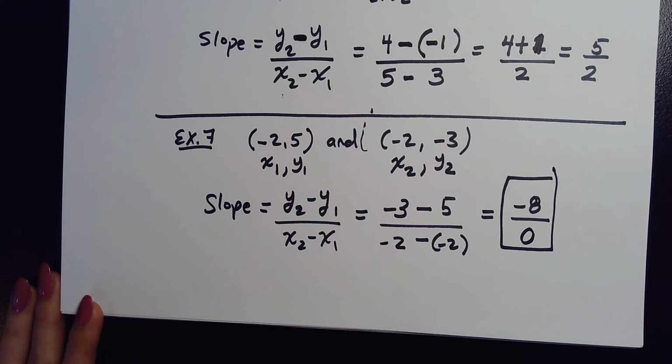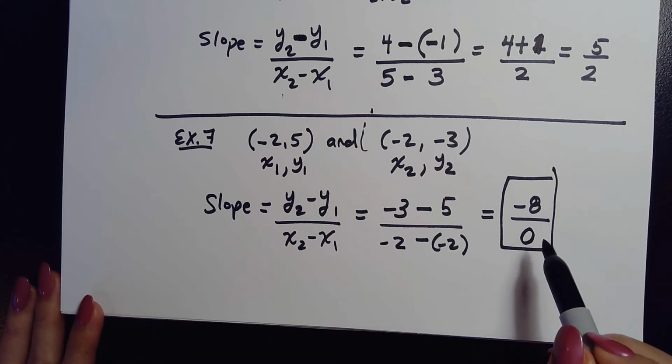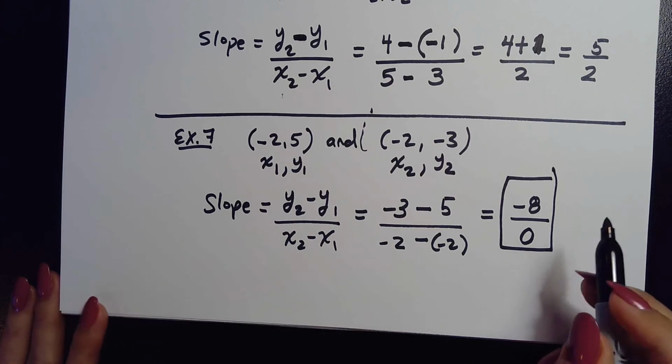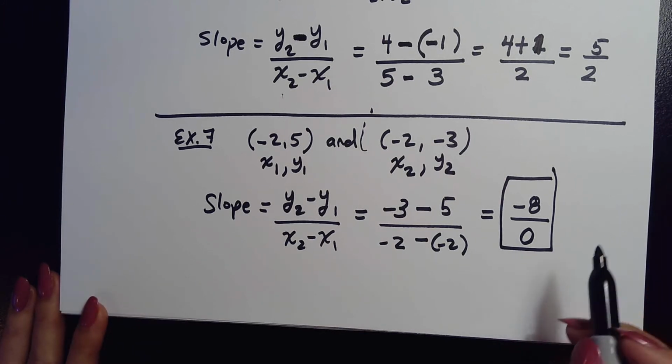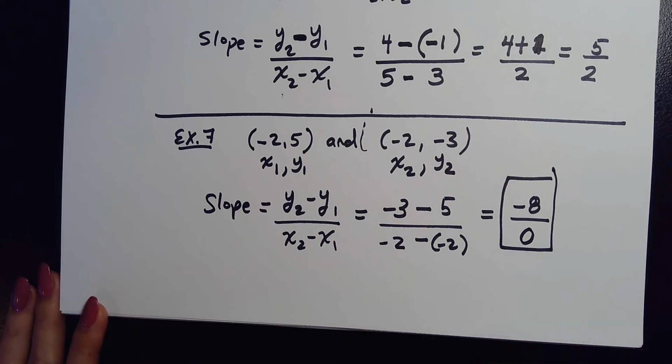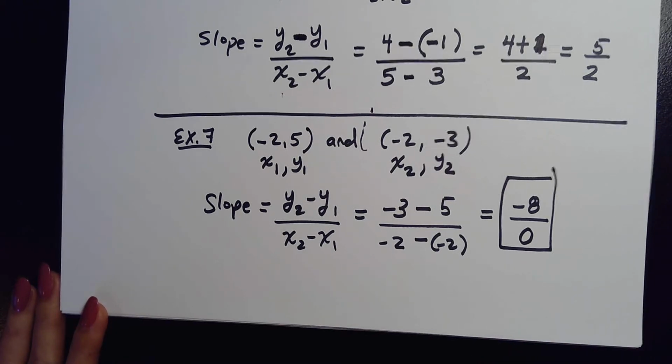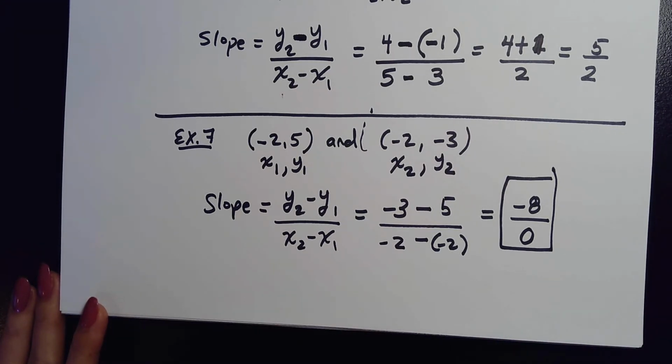It's okay to have 0 in the numerator, but not in the denominator, because that's an undefined concept in mathematics. We say this is undefined. This is because we are dealing with a vertical line, which has an undefined slope.